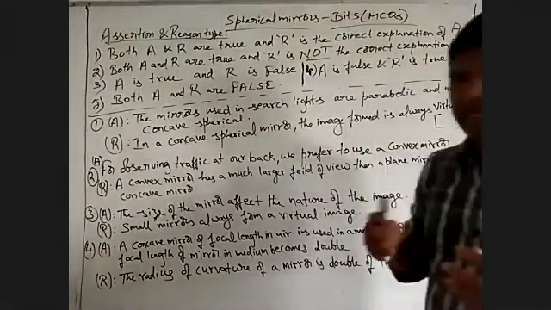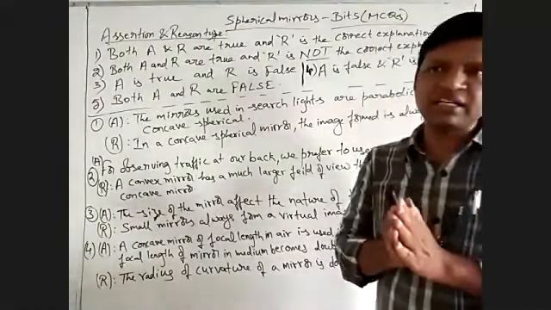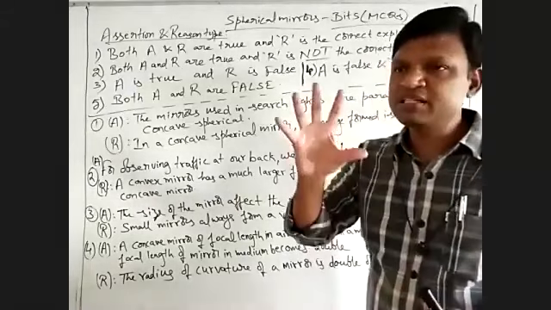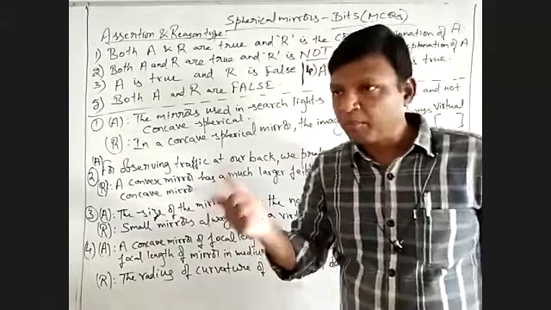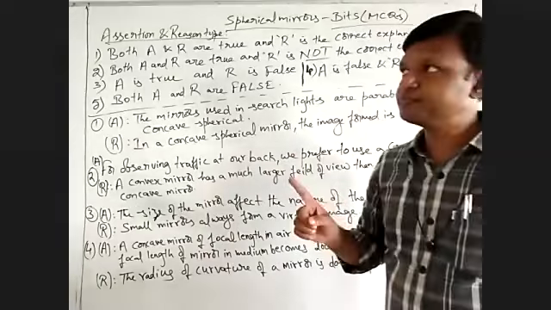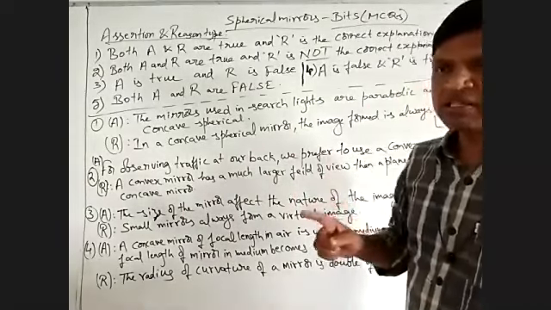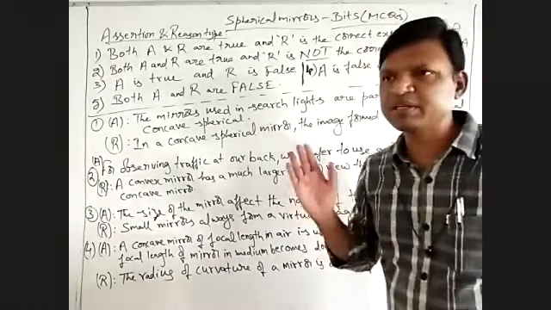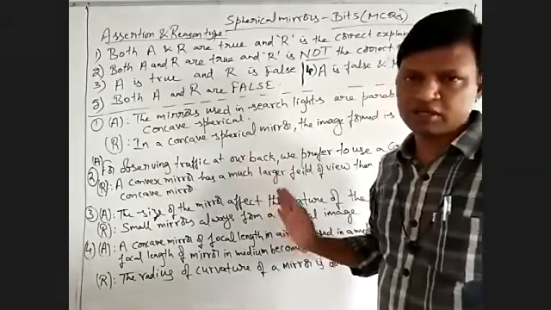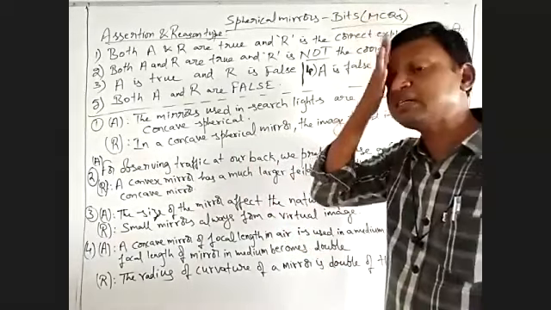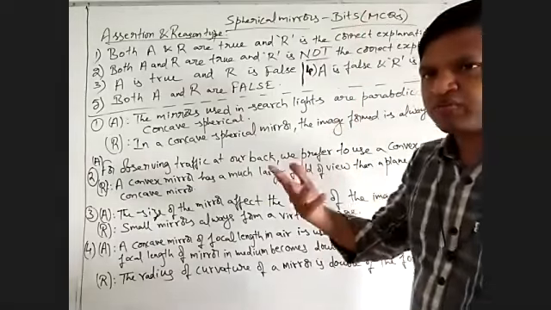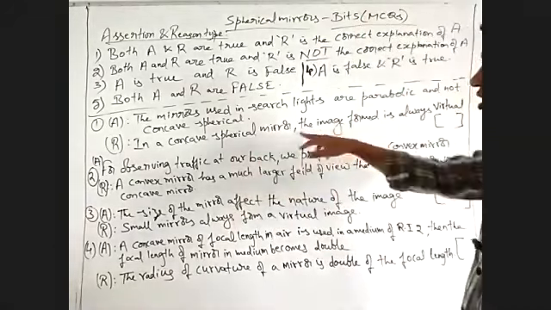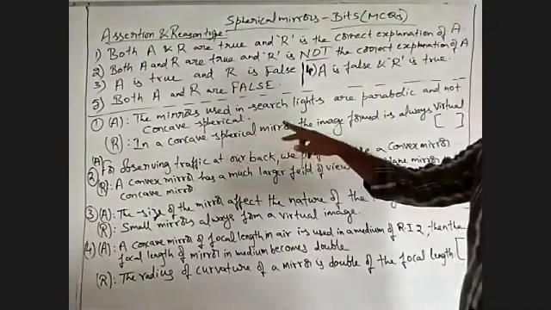Generally, what is the image we get in a concave mirror? It is almost real, but only in one case it is virtual, that means when the object is placed between the pole and focus. Only then a concave mirror will form a virtual image.